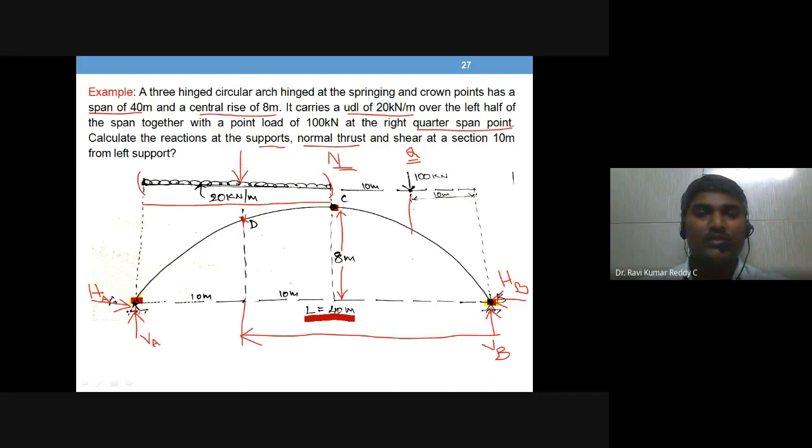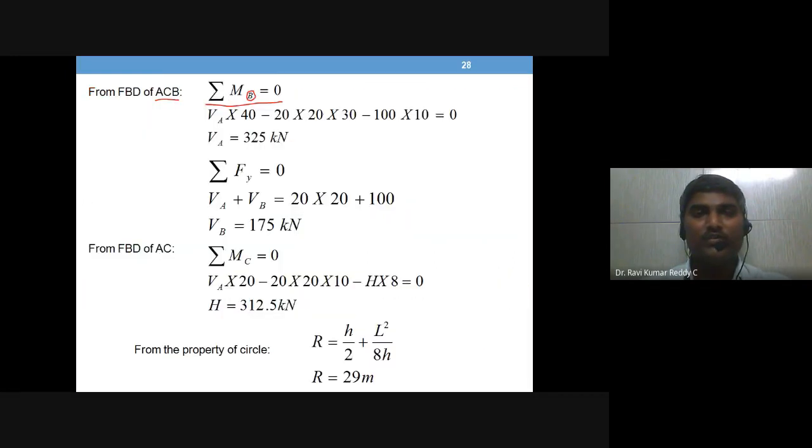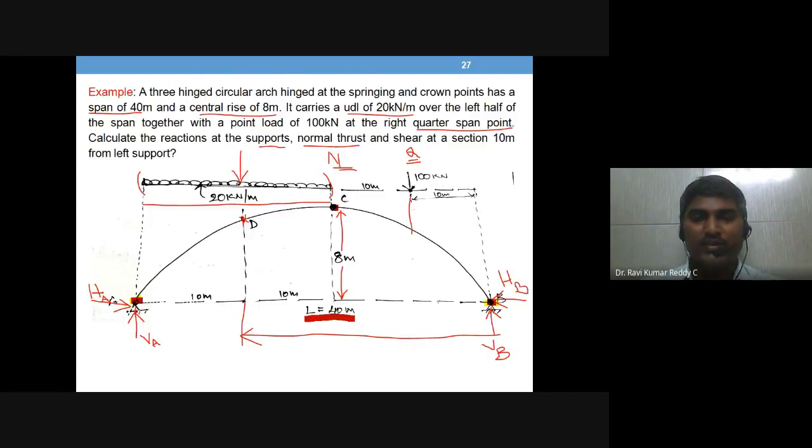Okay, so what is written now? 20 into 20, UDL converted to point load, into the distance between moment center and the force, which is 30 meters. So that is written here. This is 20 plus 10, 30. Then another load 100 into, this is straight away 10 meters distance.